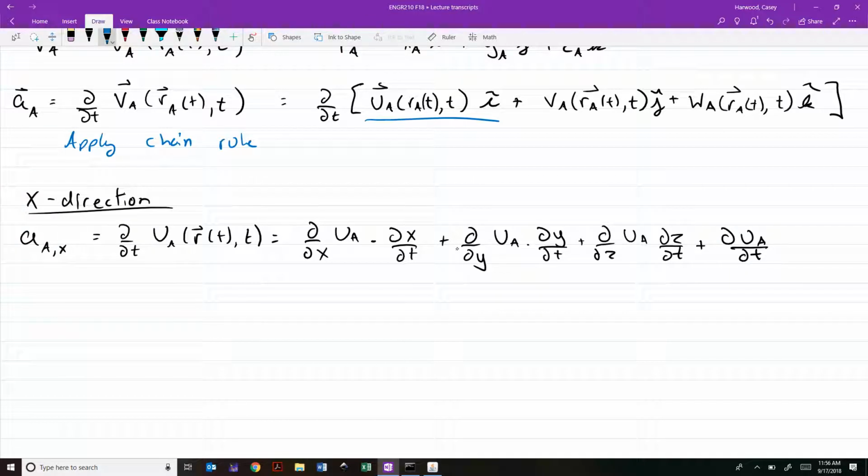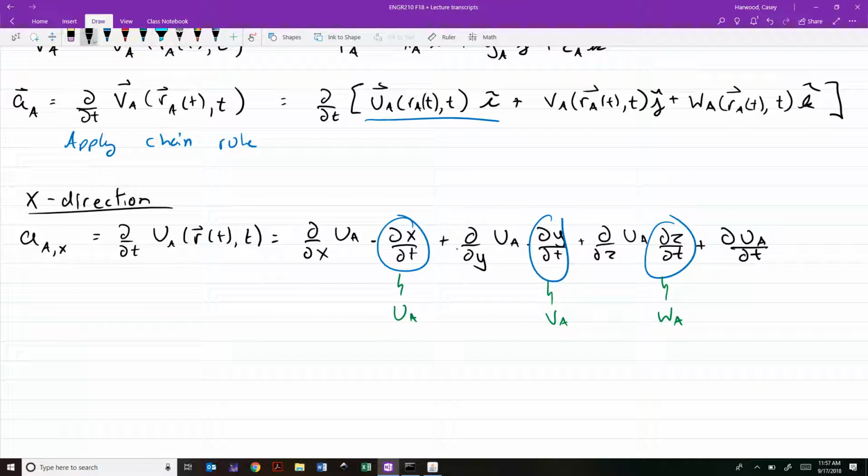So each of these terms, dx/dt, dy/dt, and dz/dt, are themselves velocities. The time rate of change of the x-coordinate, y-coordinate, z-coordinate. We would write this as u_A, v_A, and w_A, the x, y, and z velocities.